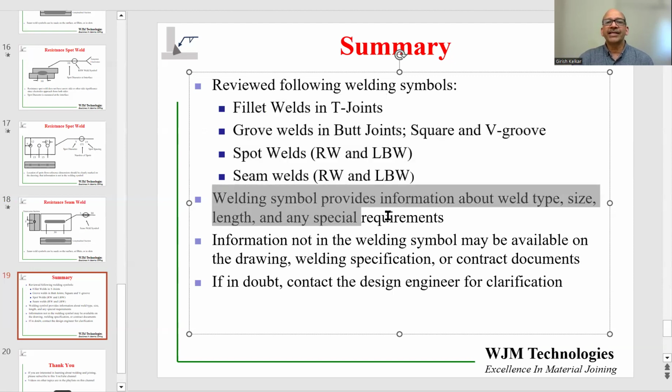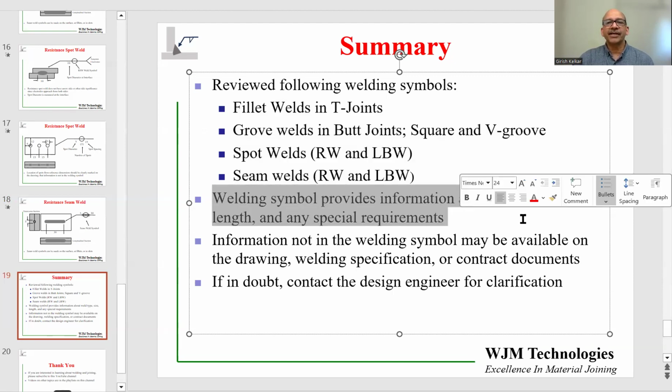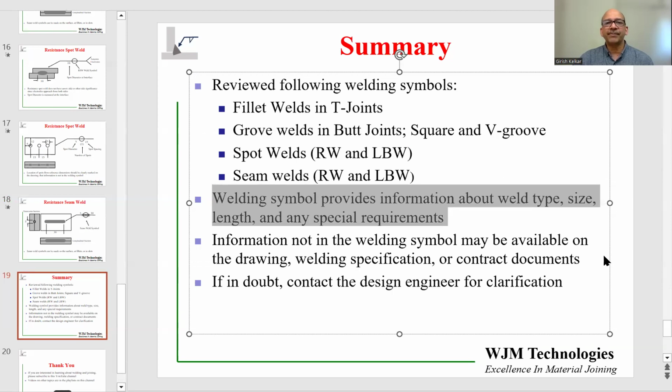Keep in mind that the welding symbol provides information for size, shape, length, and type of weld, whether it's a fillet weld or a groove weld and so on, and also any special requirements for the profile of the weld. But still, there's a lot of information which is not there in terms of location of the weld on the part, length of the weld, sequence of welding, types of the filler wire which you're supposed to use, or shielding gases.